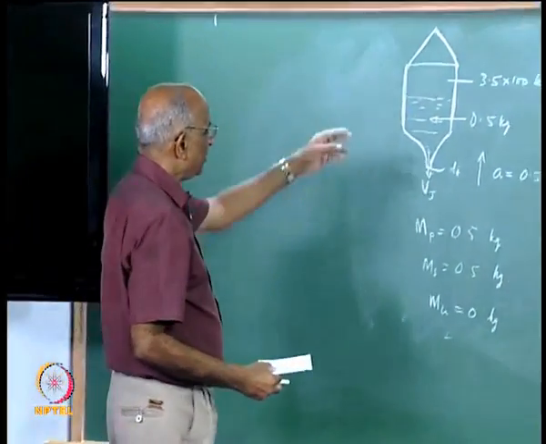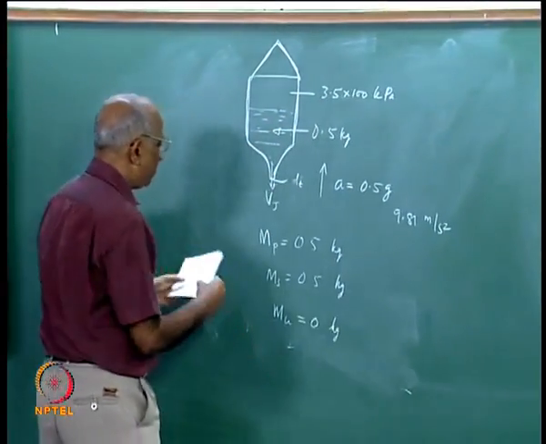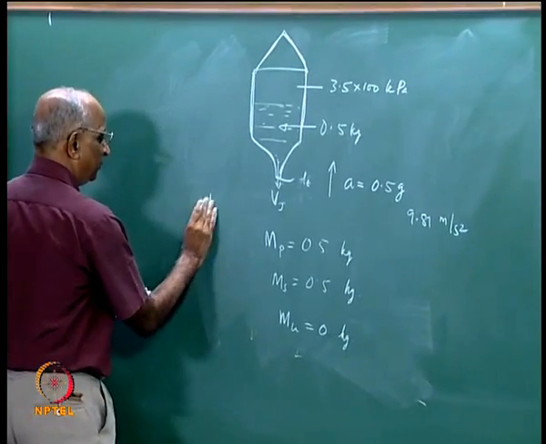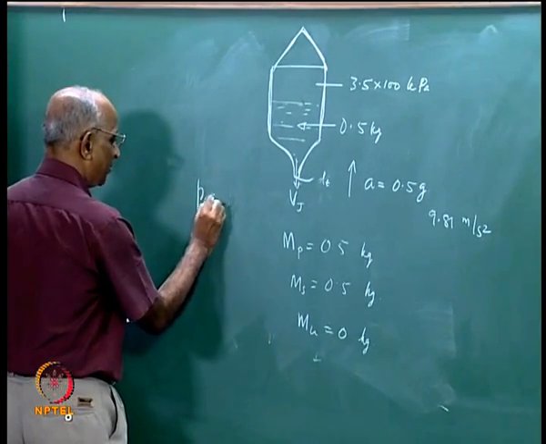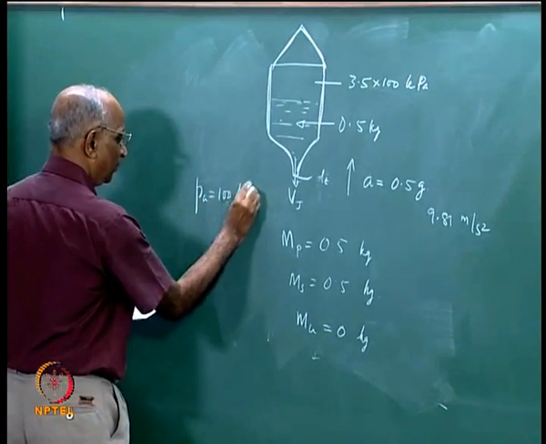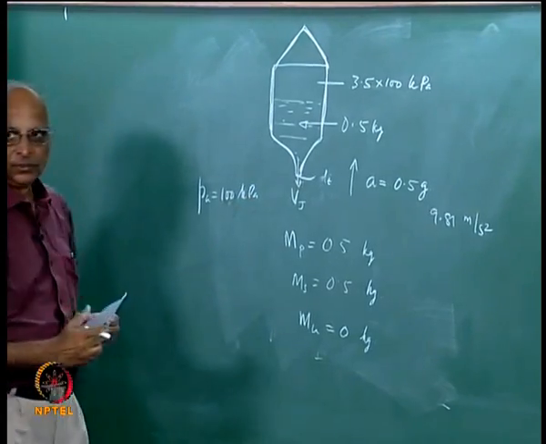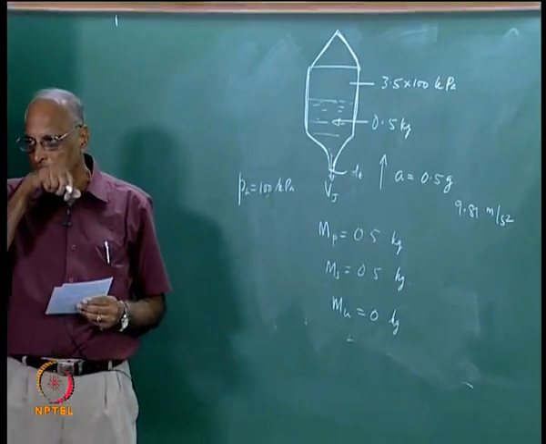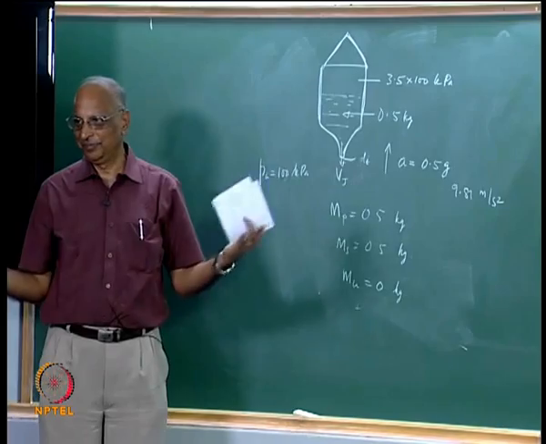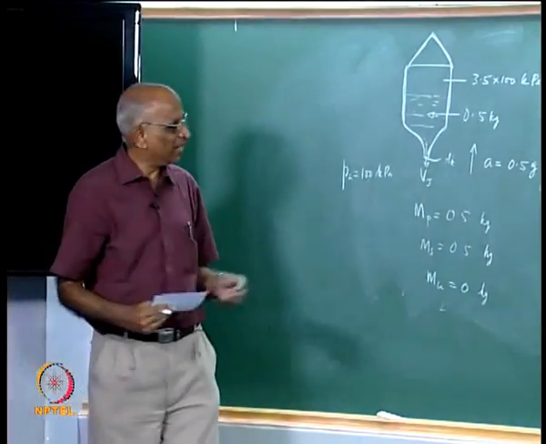The gas pressure is 3.5, the ambient pressure is 100 kilopascal, that is the air pressure, Pa is equal to 100 kilopascal. Water is incompressible. How will I find out? Let us neglect the height of water.